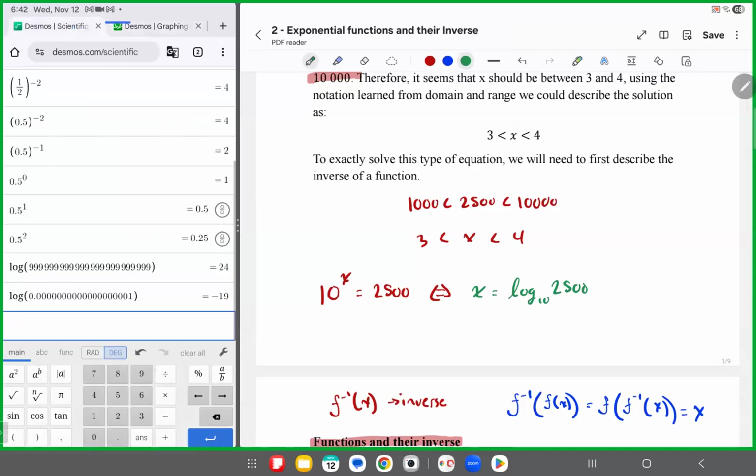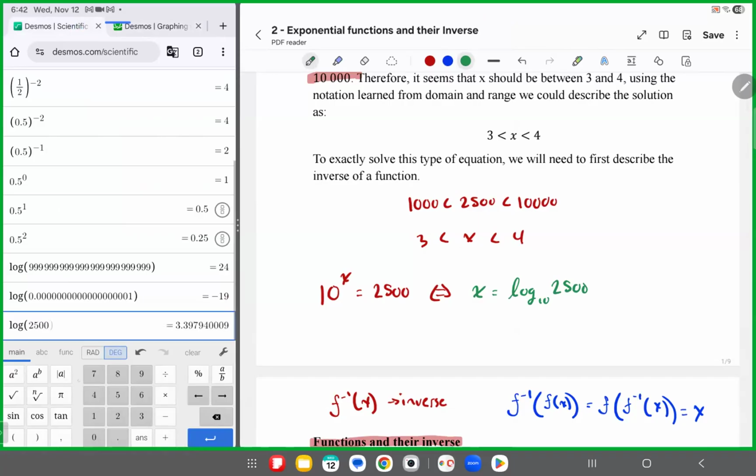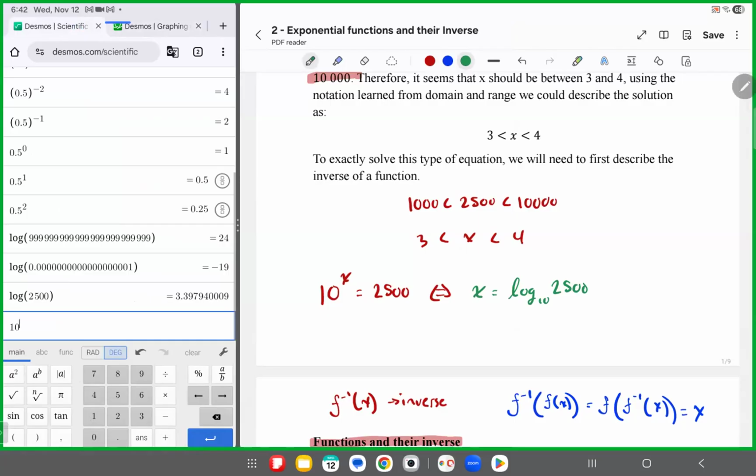And if you check it out on the calculator, if I type in log of 2500, I get that answer 3.39794 that I had from earlier. So if I type in 10 to the power of 3.39794, we can see we get a value that's approximately 2500. And again, the more decimal places that you include here, the more accurate your response will be.